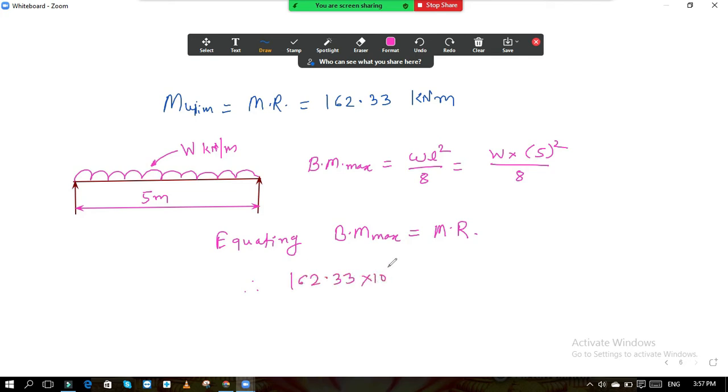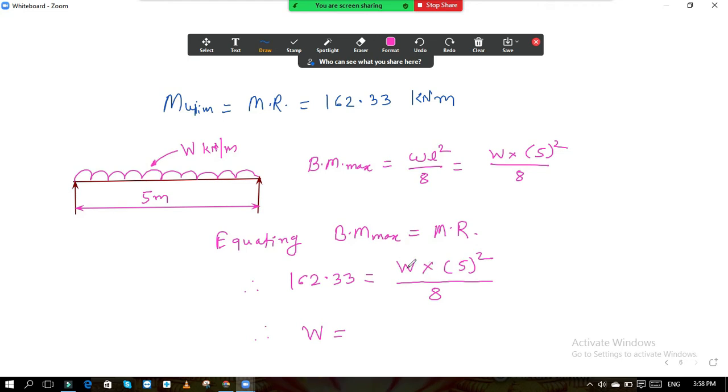There is no need to do 10 to the power 6; we will calculate the load in kilonewton. So this is in kilonewton meter, 162.33, which is equal to W, I will keep it as it is, into 5, also in meter, so we will get W in kilonewton per meter, divided by 8. Therefore your safe UDL W is equal to, so this is your UDL.